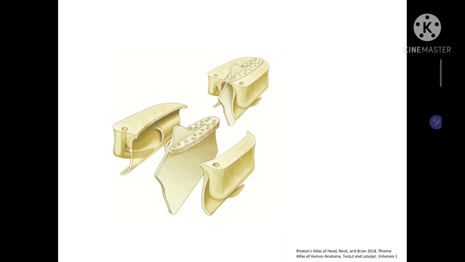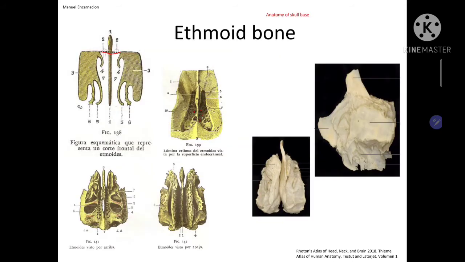Usually we have 25, 30, 35 of these foramina. They are arranged in 3 rows, usually 2 rows, one outside, another one here, and a median one in the middle line.